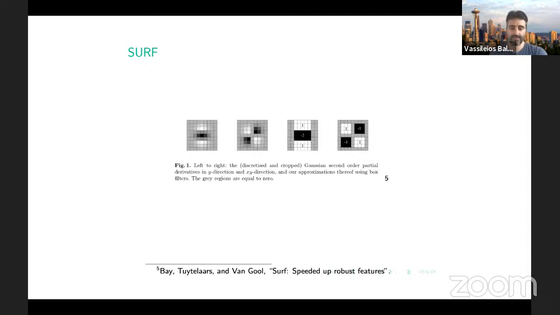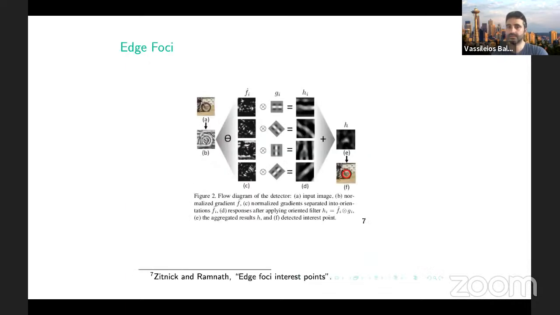SURF sped up SIFT just by replacing the Gaussians that you need for the difference of Gaussians with something called box filters and integral images, which is much faster. It's an approximation, obviously, because it's rectangular, but it's still a quite good approximation of the Gaussian kernels. So this showed similar performance to SIFT, but with much faster execution time.